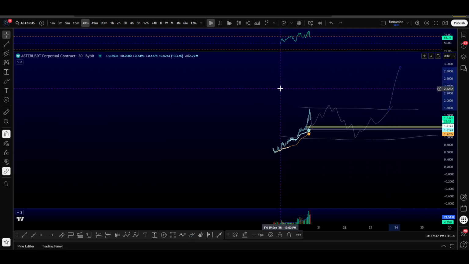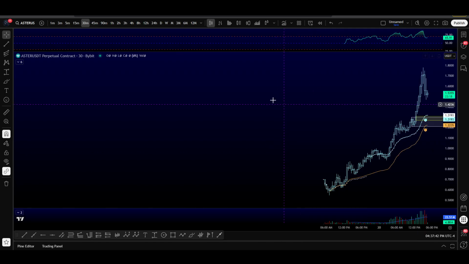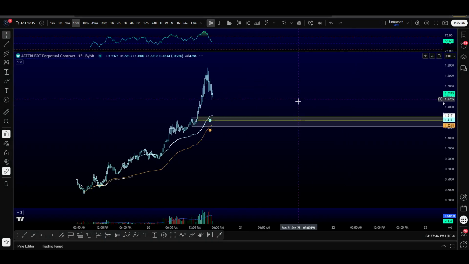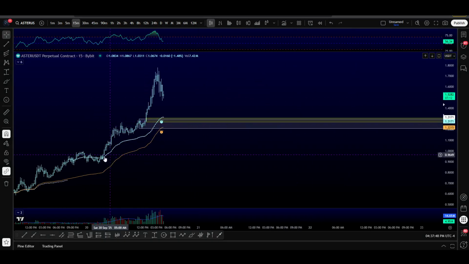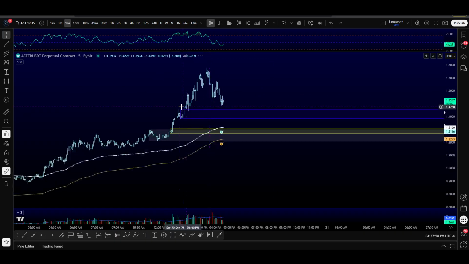So right now, once again, very bullish on Aster. Not too much data shown on the charts, but I am expecting higher prices to come. But at the same time, I am expecting a bigger pullback into this zone. Now, it doesn't have to happen, right? As you can see, it's just been very strong. Maybe this demand zone right here is where it tags next before continuing higher.